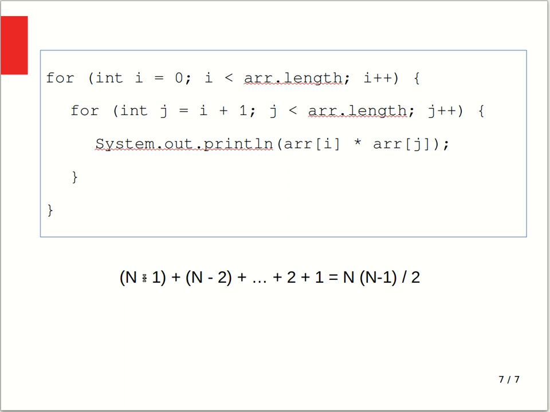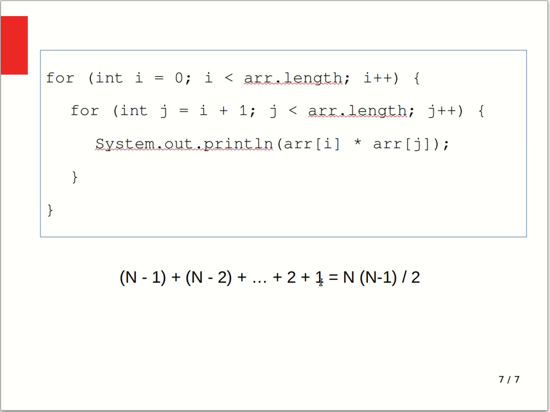That's this many units of work. And then for the second iteration of the outer loop, i equals 1, j goes from 2 to the end of the array, so the total amount of work becomes n minus 2. And then it goes on and on down to 1.